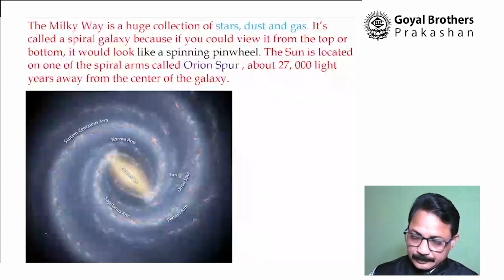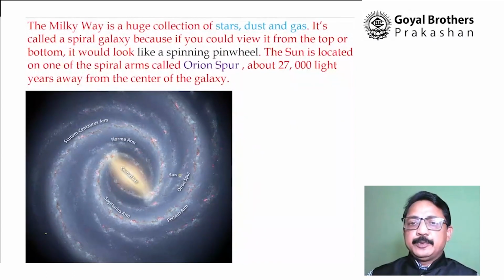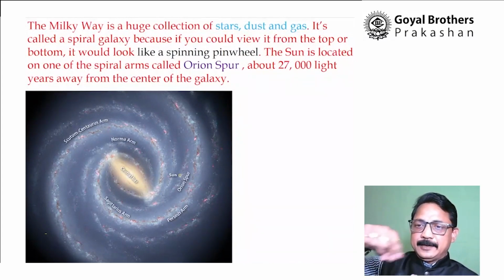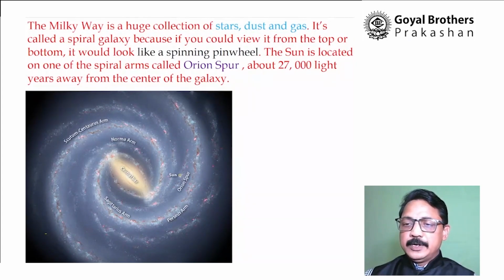Now, by the way, this Milky Way, dear students, if you look at it, it looks like a firecracker that keeps on moving around itself. It's a spinning wheel like structure. This Milky Way consists of, as I said, an extremely large number of stars. One estimate says around 100,000 million stars are present.